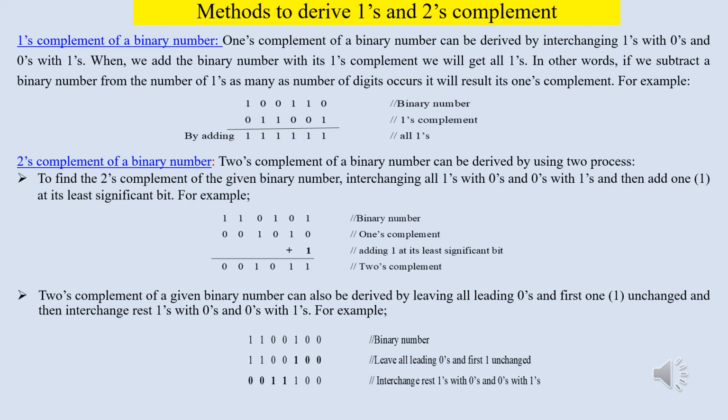Then by leaving all leading zeros and the first one unchanged, we get the output as 1100100. Then by replacing 0 with 1 and 1 with 0 in the rest, we get the final output as 0011100. That is the two's complement of the given binary number.